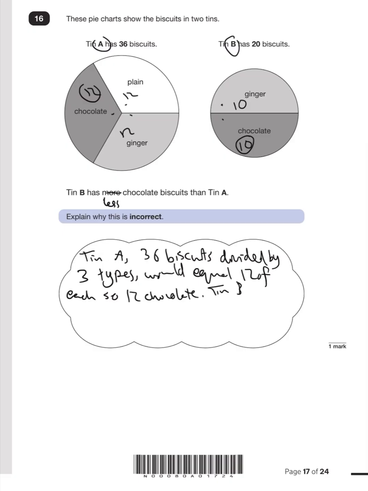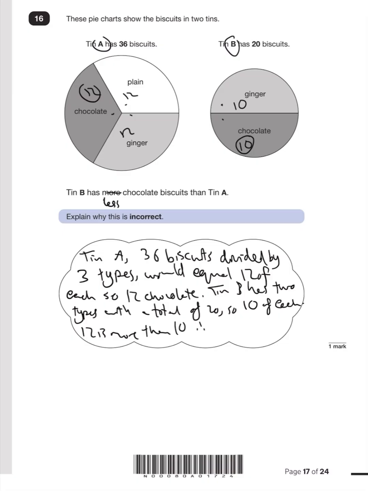Tin B has 2 types with a total of 20. So 10 of each. 12 is more than 10, therefore A has more than B, not the other way round.